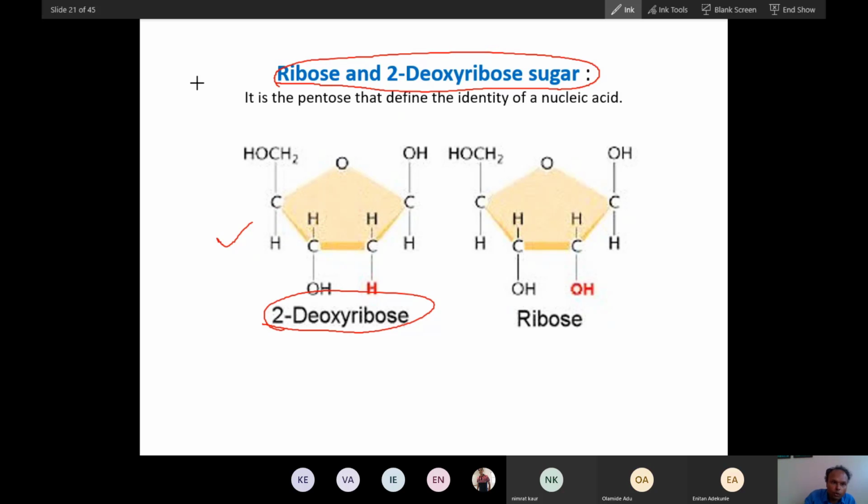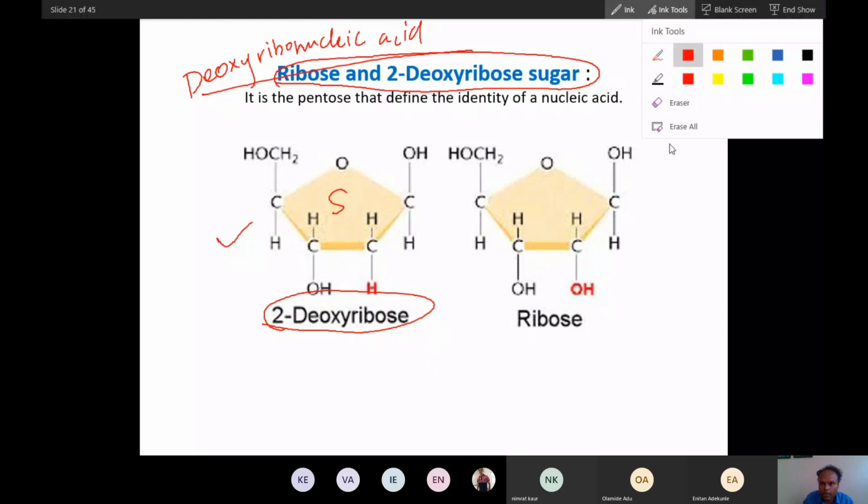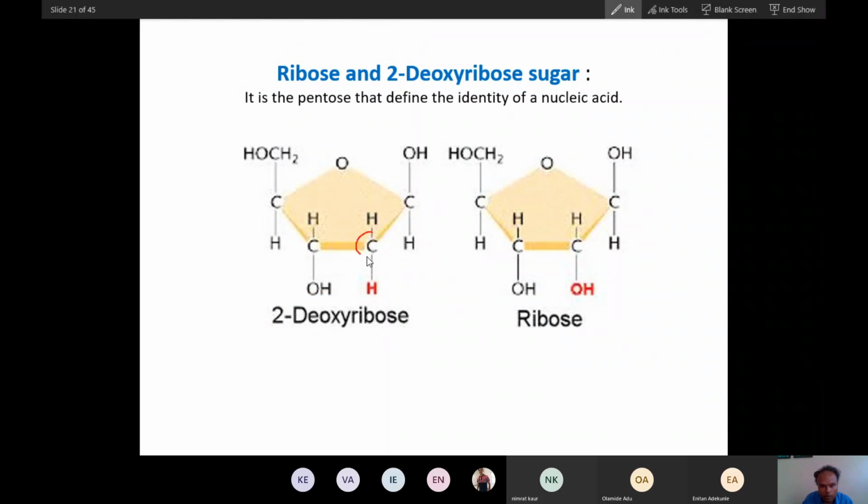From this sugar only, we call it deoxyribonucleic acid. So this is a very big difference. A big difference between DNA and RNA is sugar. DNA has deoxy sugar, and deoxy is present at which position? Second position.